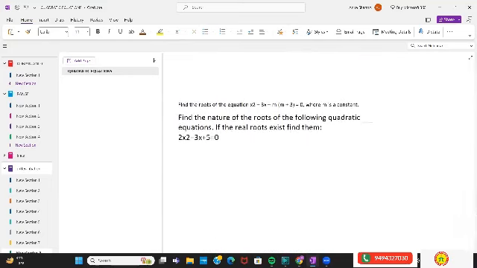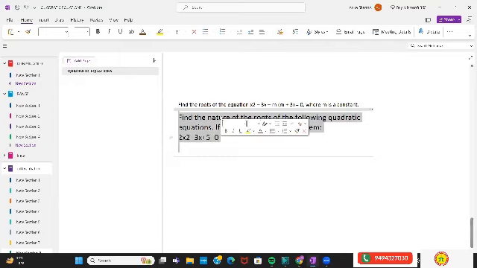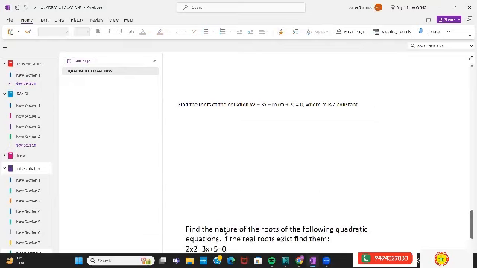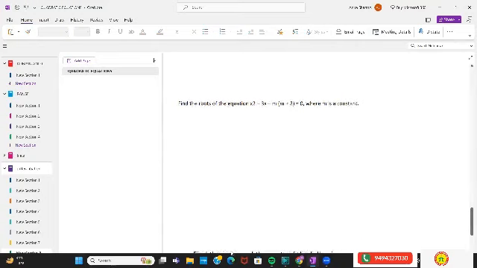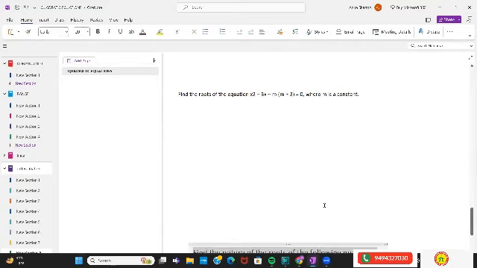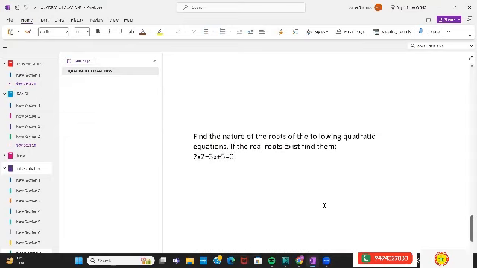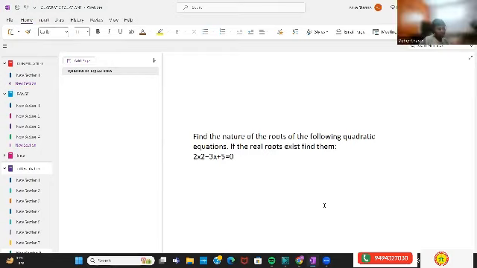Solve this question. Find the nature of the roots of the quadratic equation. If real roots exist, find them. Meher, are you writing, beta? Yes, ma'am. Okay.